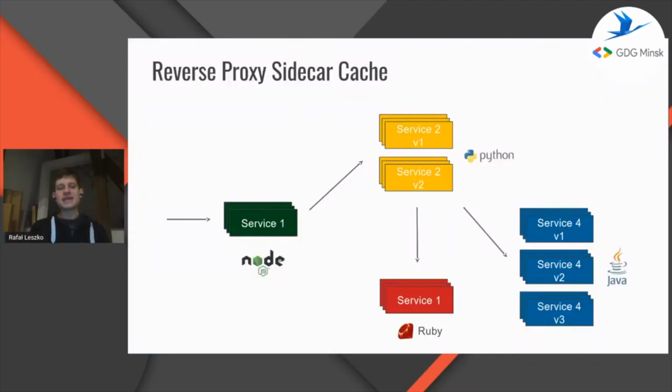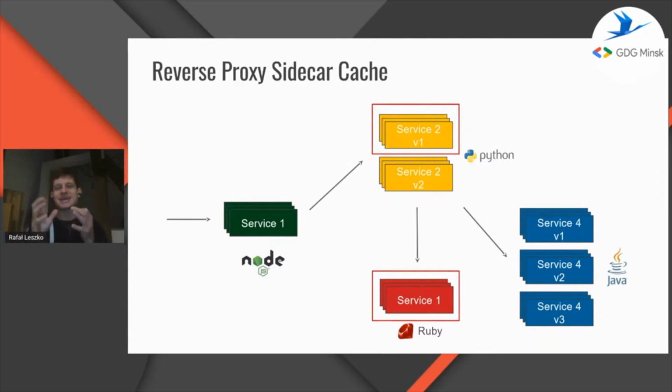You probably remember this diagram from one of the first slides of this presentation. We have a classic microservice system: a lot of services in different versions, written in different programming languages, using each other and so on. Now, if we look at such a system, we can do some performance measurement, and using reverse proxy caching, we can say, I would like to add caching to this service and this service, and you don't even need to touch the code of the service.